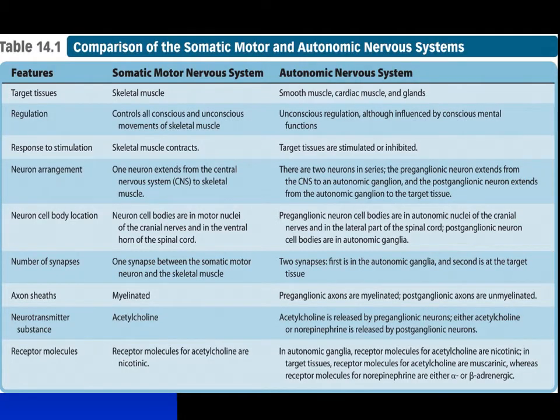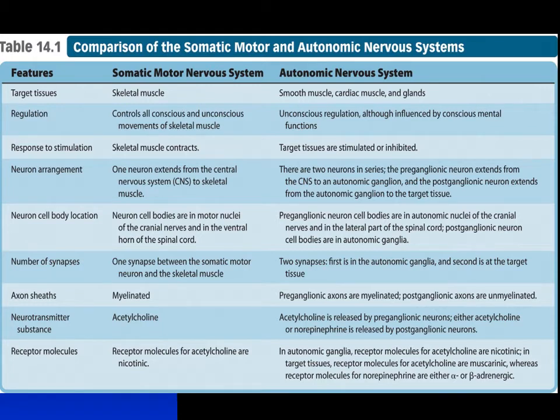In addition to these differences in target tissue, there's other differences between the somatic and autonomic systems. The autonomic system has unconscious regulation. It can be influenced by things that go on in the cerebrum, but it's centers like the hypothalamus and the medulla that are controlling it. And instead of always stimulating a muscle contraction, here there can be stimulation or inhibition.